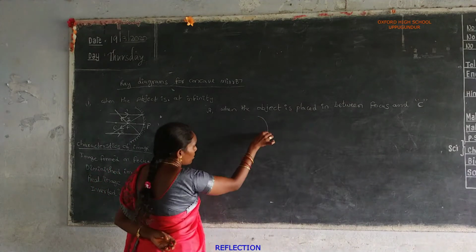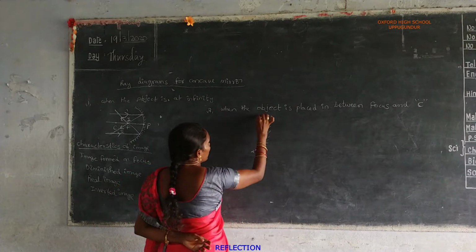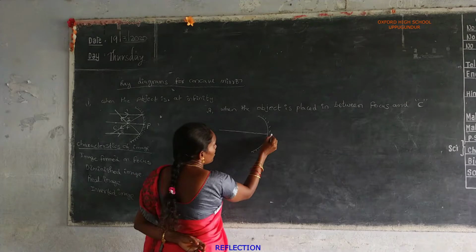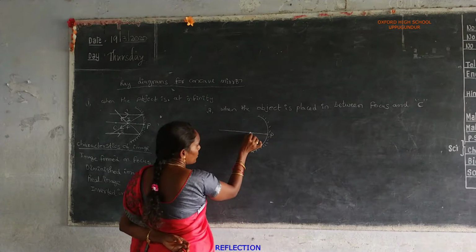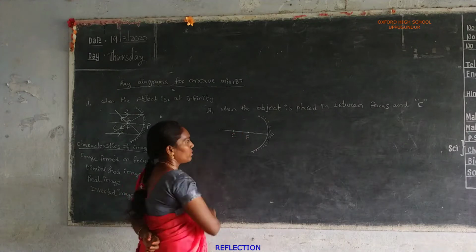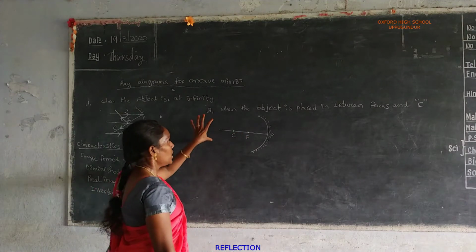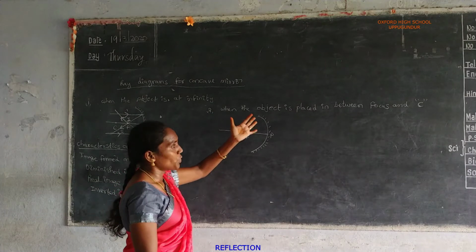See, this is a concave mirror. This is the principal axis, which passes through the pole, focus and center of curvature. Here, where should the object be kept?